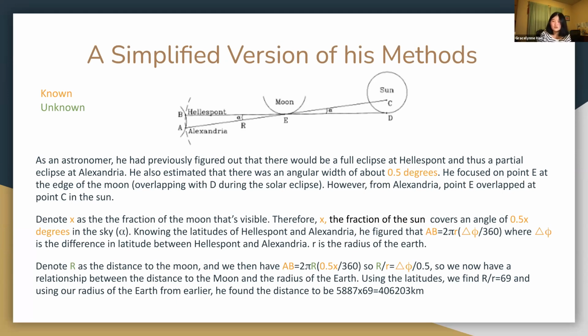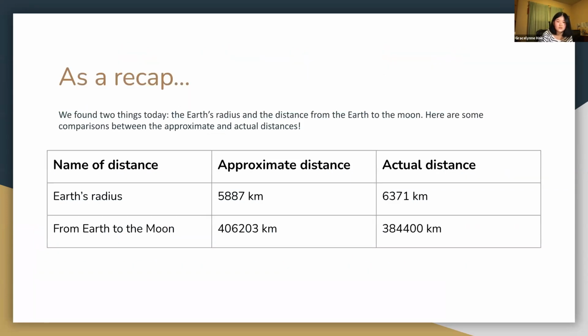But for now, moving on to one of our final slides for today. Okay, so we found from earlier that the Earth's radius was 5,887 kilometers using Al-Biruni's methods, and the actual distance was 6,371 kilometers.